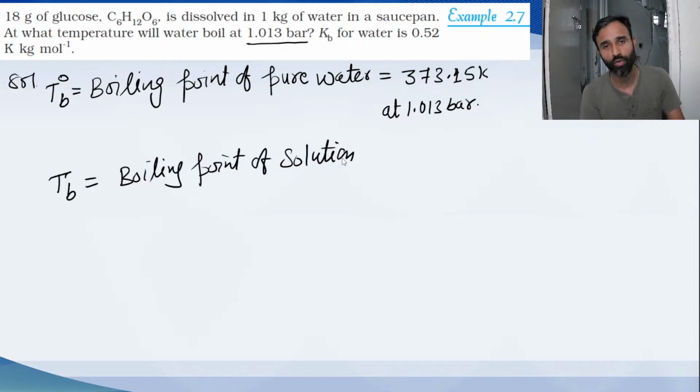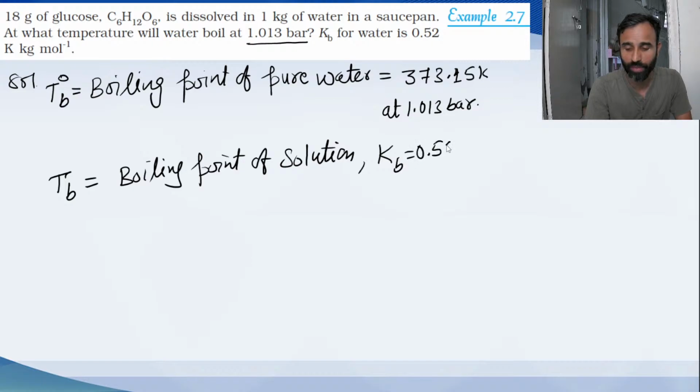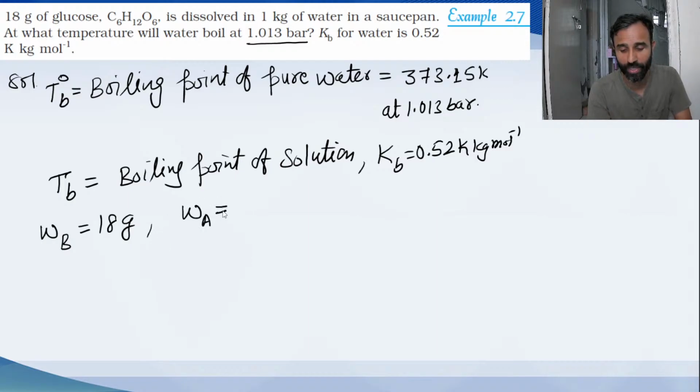The normal boiling point of water is 373.15 Kelvin, and the normal boiling point is at 1 atmosphere pressure, so that 1 atmosphere is given in bar. Kb we have, it is 0.52 Kelvin kg per mole. Weight of solute is given, 18 gram. Weight of solvent is given in kg.